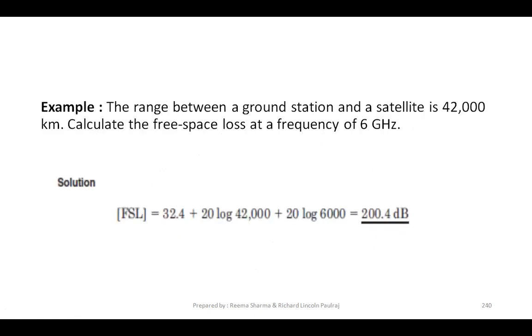Right. So now let us see an example, where they're asking us to find out the range between ground station and satellite. They're giving us the specification, and they're telling us to calculate the free space loss, which means FSL. The range is given, which is in kilometers, with a frequency of 6 gigahertz.